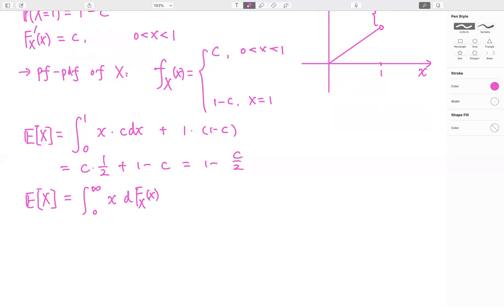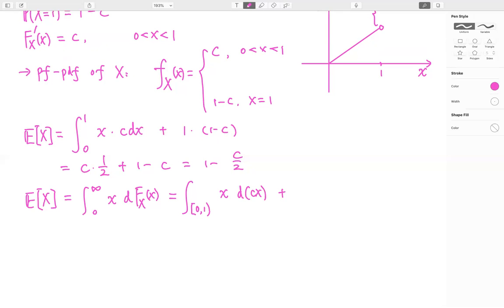If it's a general random variable, just write from negative infinity to positive infinity. From 0 to 1, we know it's x times dF(x), so this is c dx.